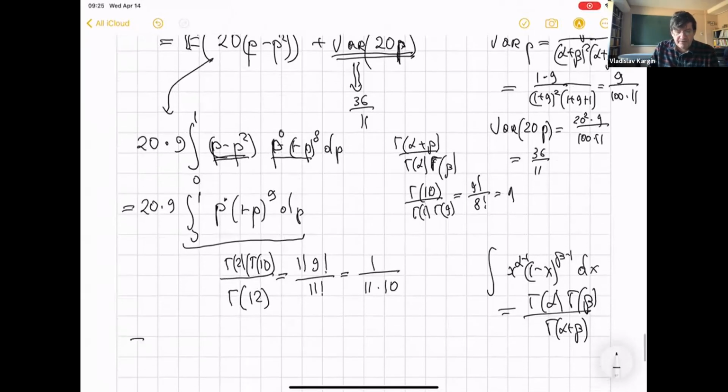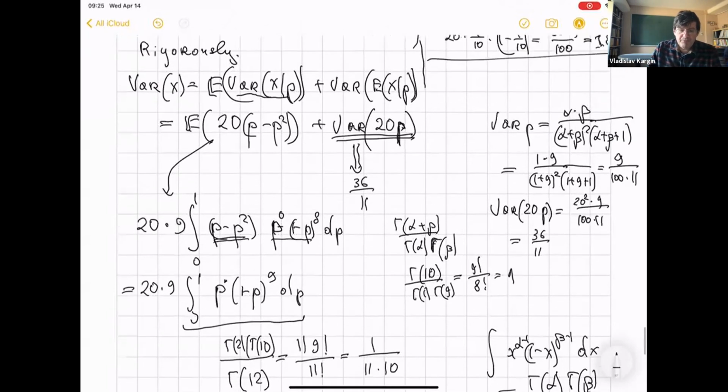And so altogether this is equal to 20 multiplied by 9 divided by 11 times 10. So it's equal to 18 divided by 11. And so we calculated that this portion here is equal to 18 divided by 11.